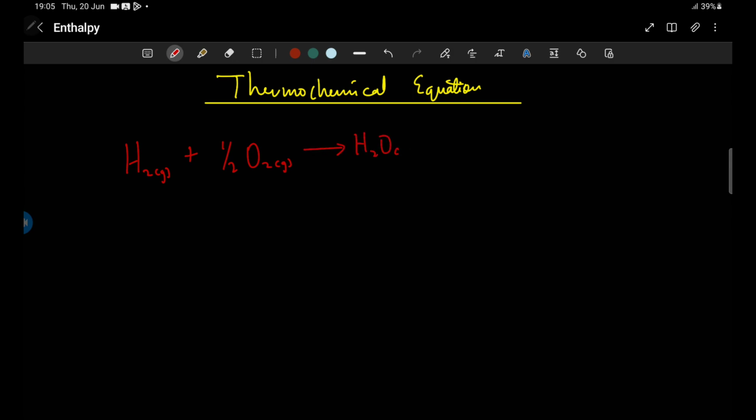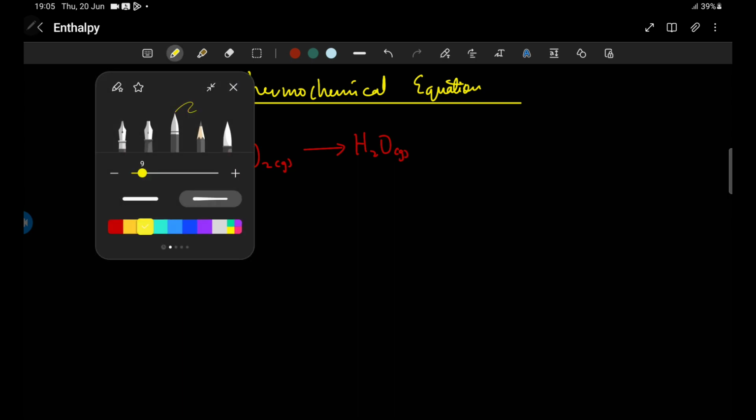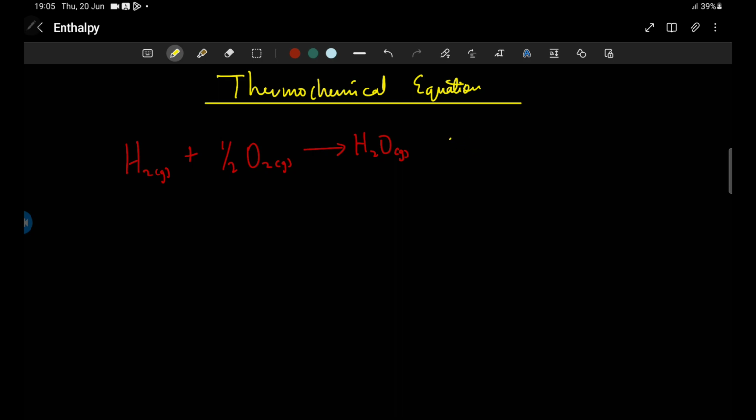In this situation, we can say that delta H, which represents the enthalpy, equals minus 242 kilojoules per mole. So for every mole of water formed, you have an energy of minus 242.